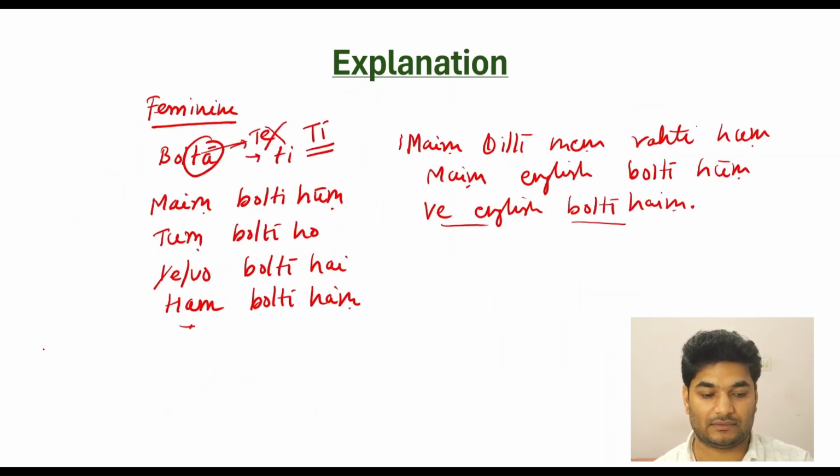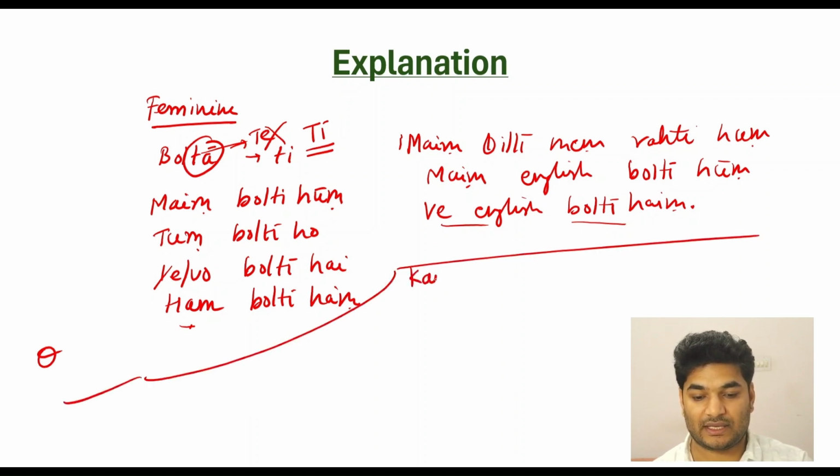And now we saw two things. We saw kaisa, kaisi, and kaise, right? How? We saw kya, we saw kahan.